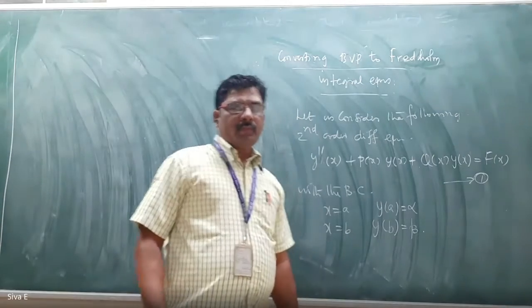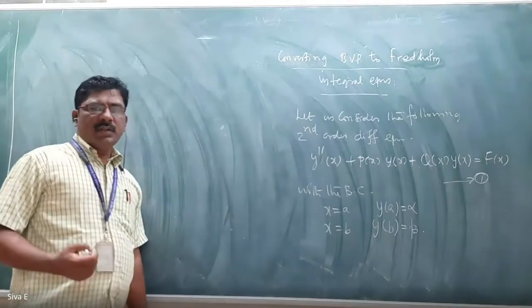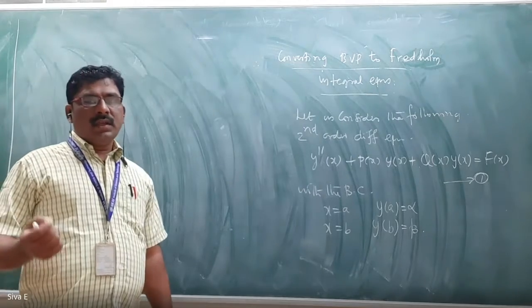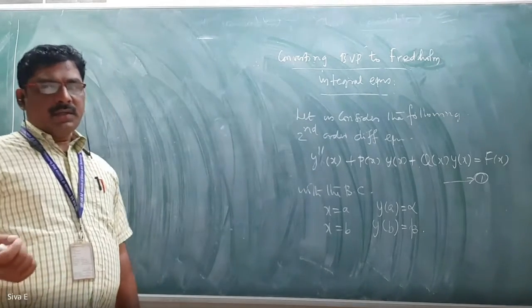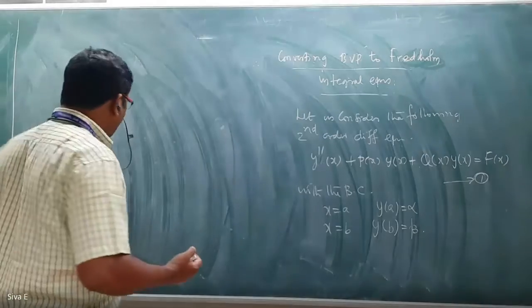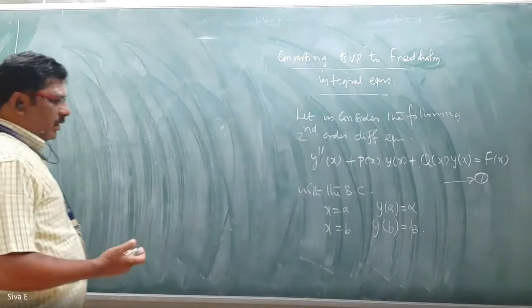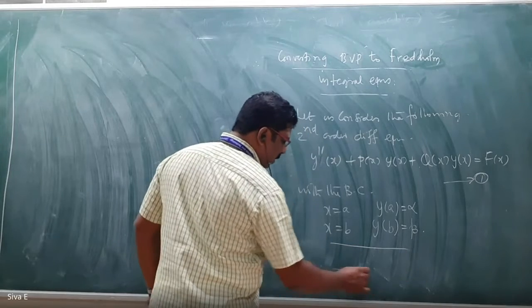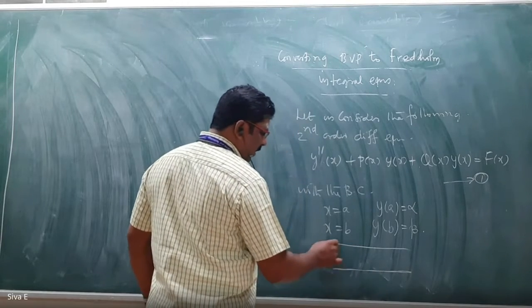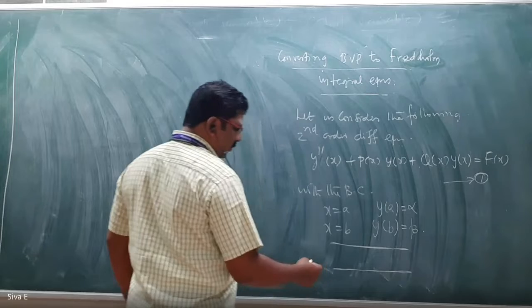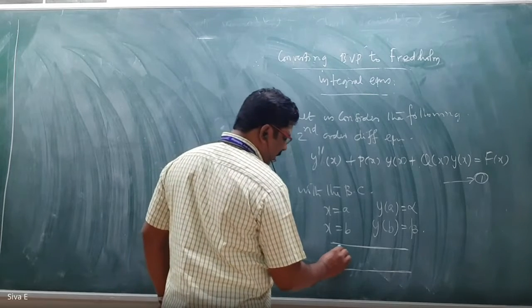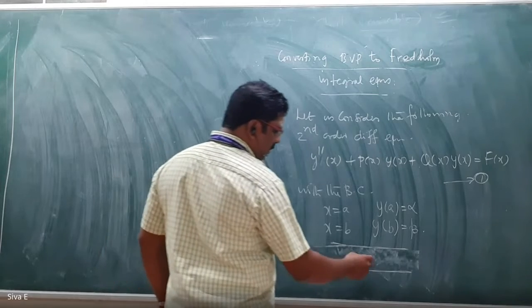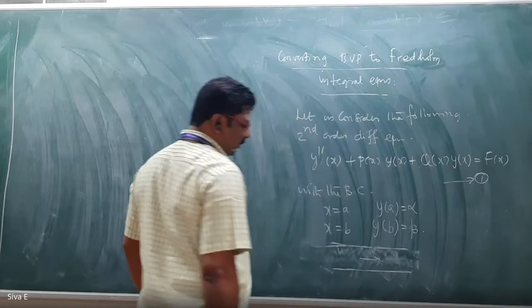See, study the one-dimensional wave equation or the one-dimensional heat equation, and you can easily understand what are called the boundary conditions. Usually, how do boundary conditions form in general? In case two boundaries are there, two walls are there, and through the walls one fluid is moving in one direction.